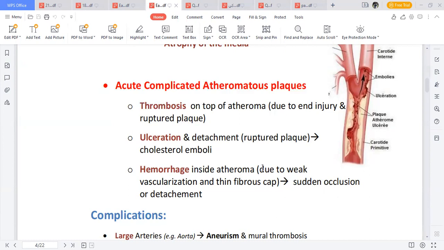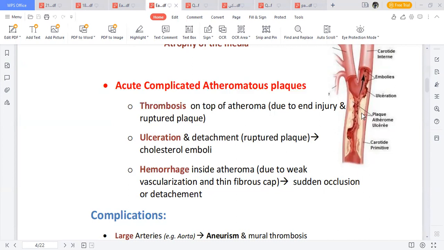Hemorrhage inside an atheroma due to weak vessels. Remember we said there is a development of blood vessels inside the same plaque, but because they are weak, they can detach. When they detach, that will lead to bleeding due to weak vascularization and thin fibrils, and that will lead to sudden occlusion and detachment. Due to weak vascularization, there is no blood reaching the same area, so they will detach.